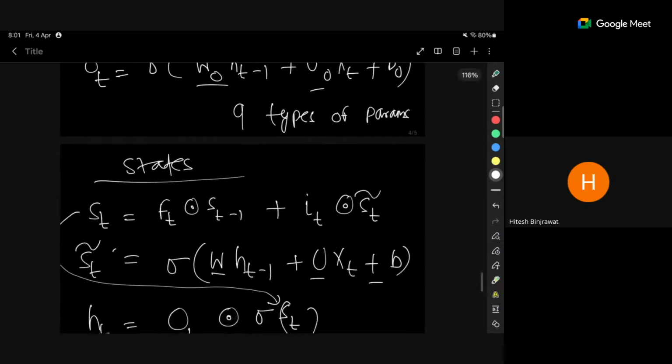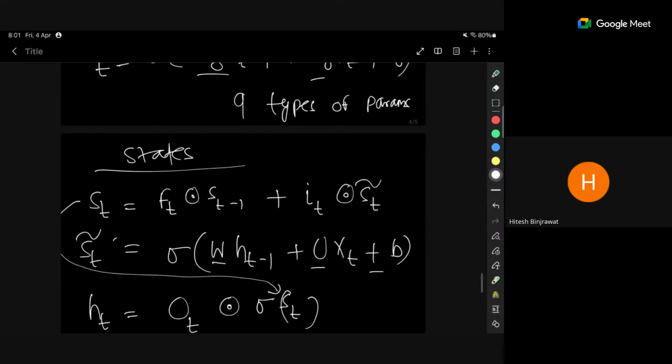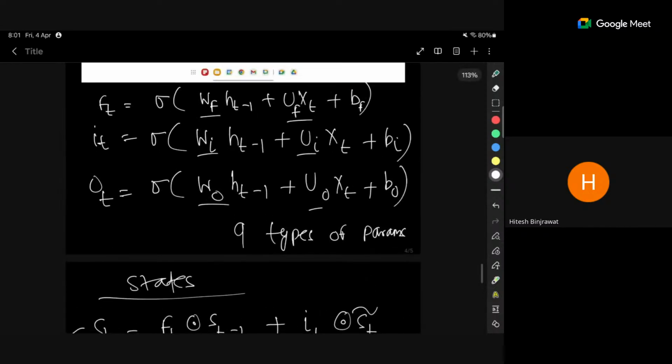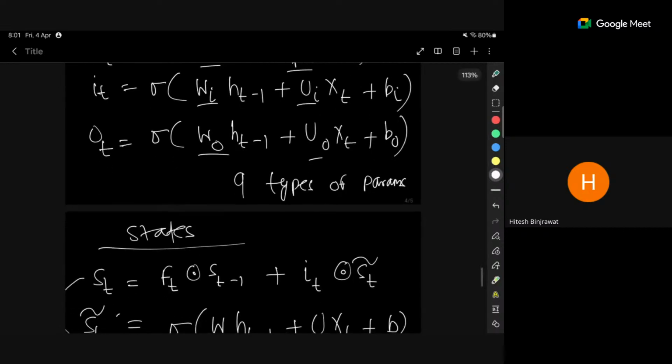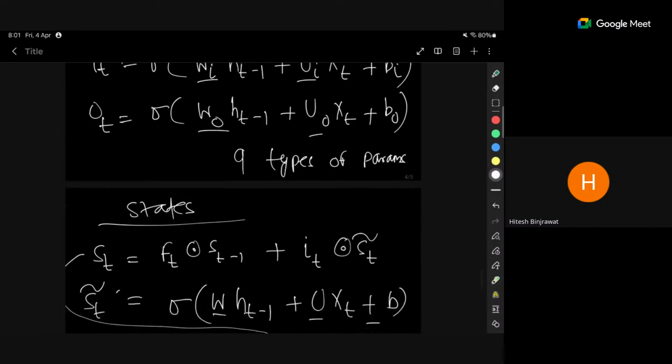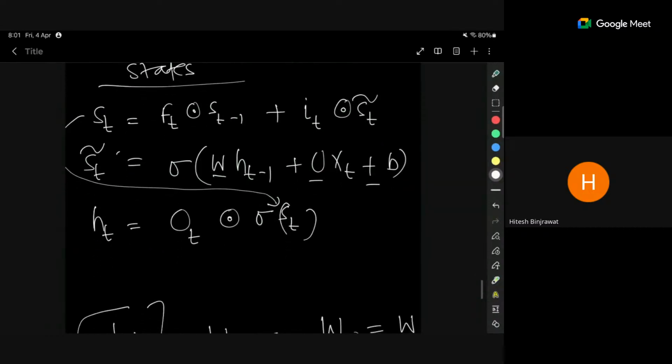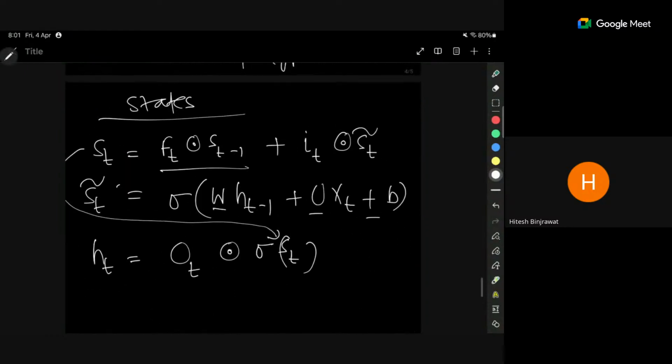We will not use different numbers of neurons in these sigmoids; all three sigmoids will have similar neurons. Generally we prefer the same kind of neurons, so that the multiplication happens element-wise. You don't want to mess up: if one vector is bigger than the other, then element-wise multiplication and addition will have issues. That's why multiplication is happening here, and addition is also happening here. This is the thing we have to consider now.